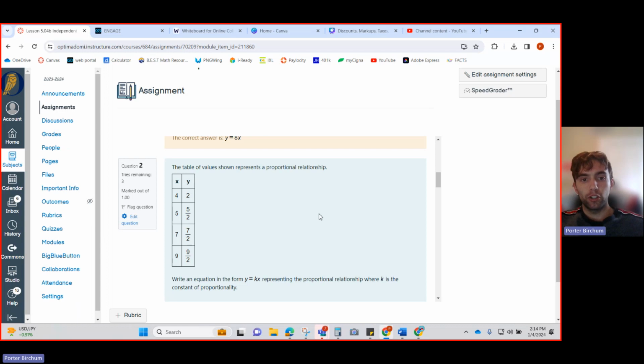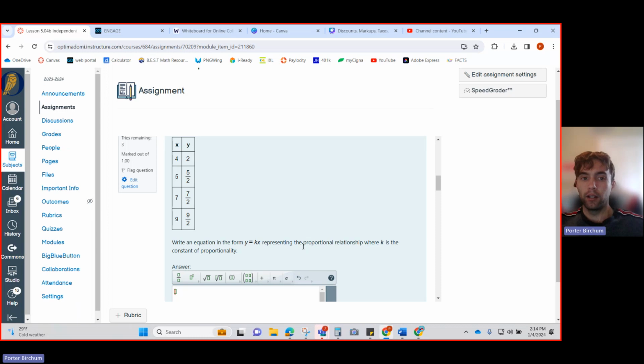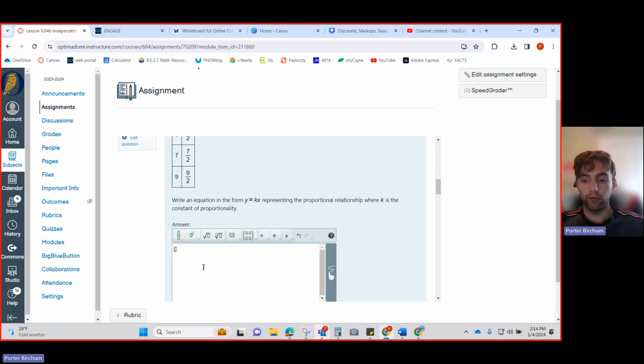The table of values shown represents a proportional relationship. Here's the chart. It shows all of the x's, all of the y's. Write an equation in the form y equals kx, representing the proportional relationship where k is the constant of proportionality. So for this problem, I need to find what k is, find the constant of proportionality, and then write it in equation form.